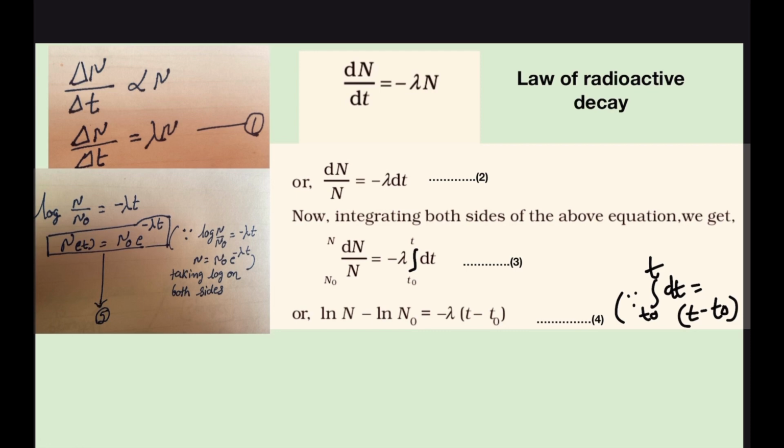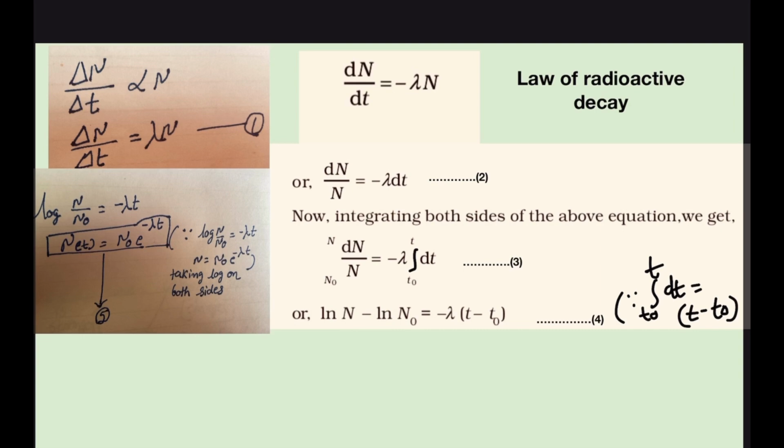If you haven't studied integration in 11th or 12th, just remember the formula that integration of 1 by x dx is equal to log x. After that we have to put limits. Here our limits are N and N0. So first we take N, then N0, meaning log N minus log N0. That will be our answer for the integration of dN by N.